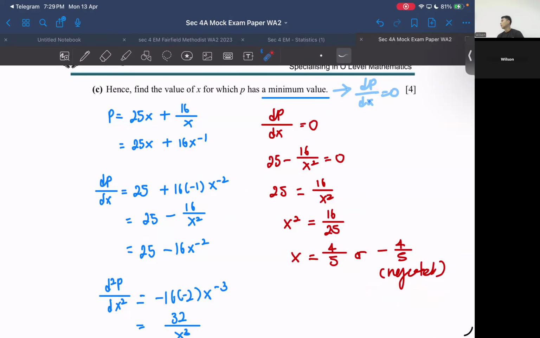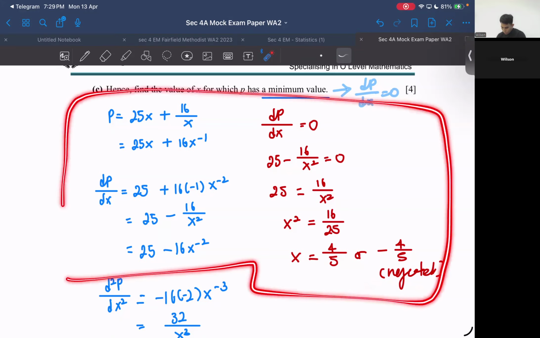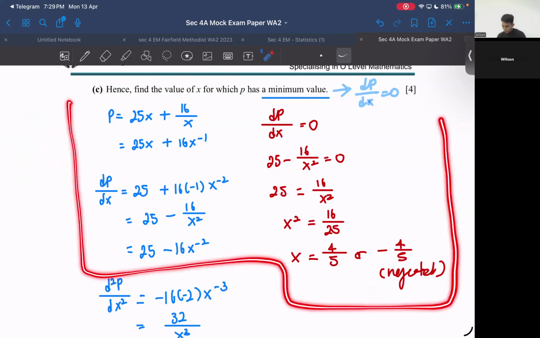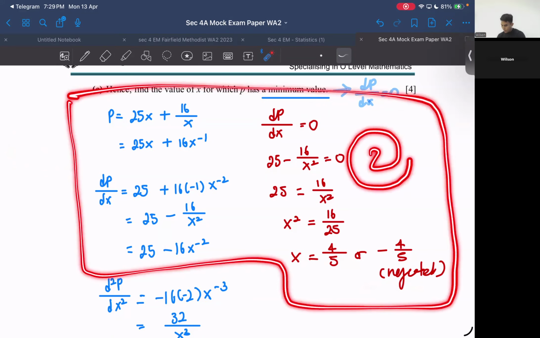Okay. Now, this would only give you 2 marks. I repeat again. This portion over here will only give you 2 marks. Your next 2 marks come from checking. Now, I know there's only one x value. I know. But then you need to go and check.